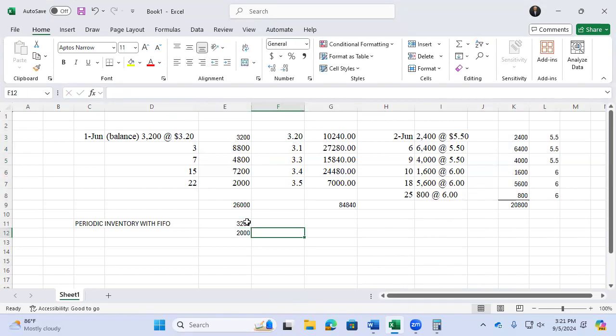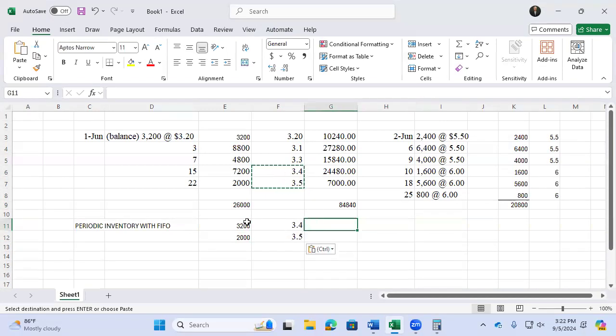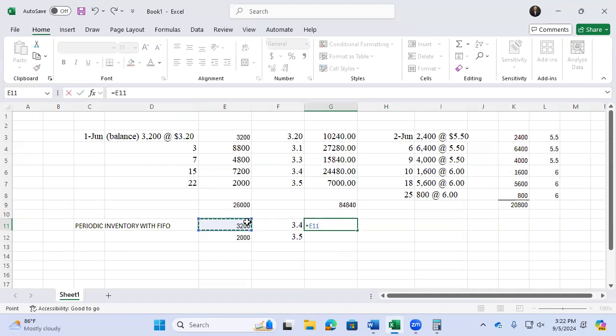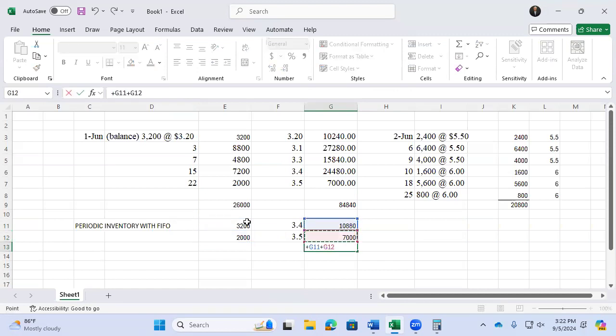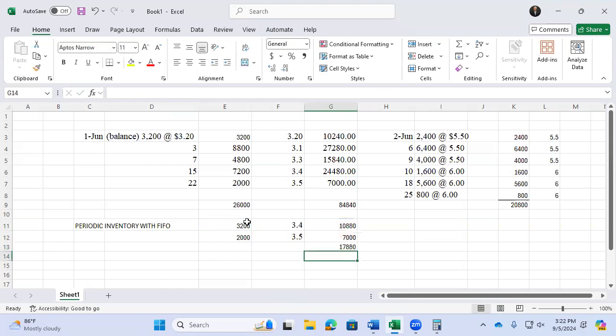And then I have that 2,000 left over. So that's the quick way.